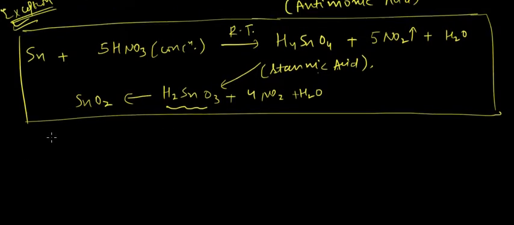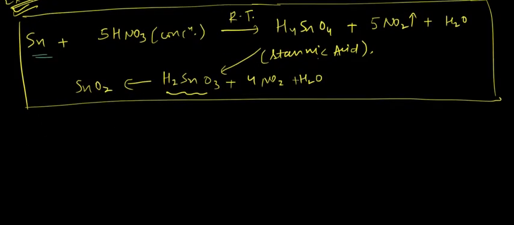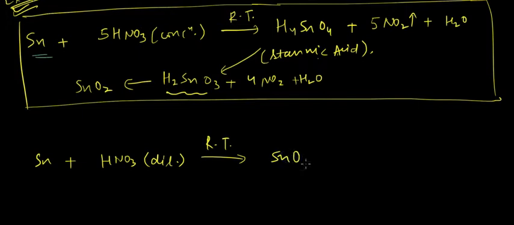Okay, next, we have another exception based on this only, that suppose we have Sn reacting with HNO3 dilute at room temperature, forming SnO plus NH4NO3.